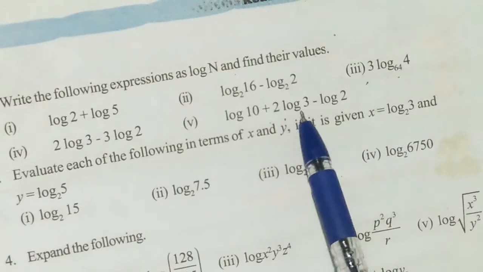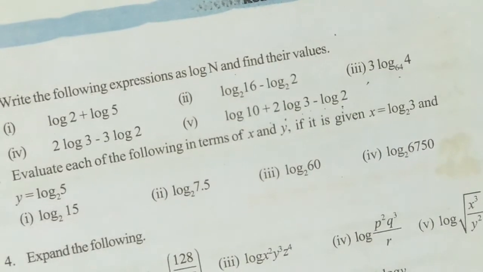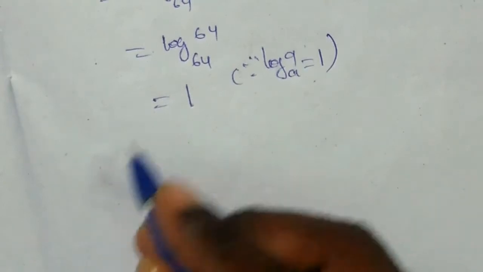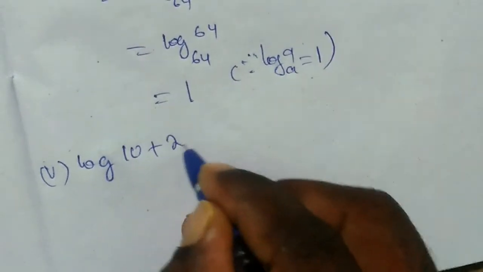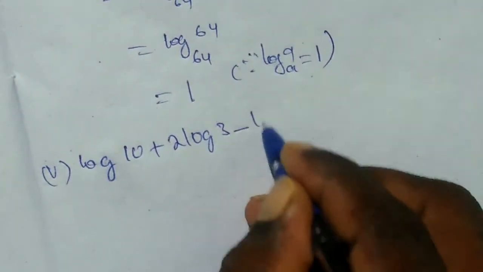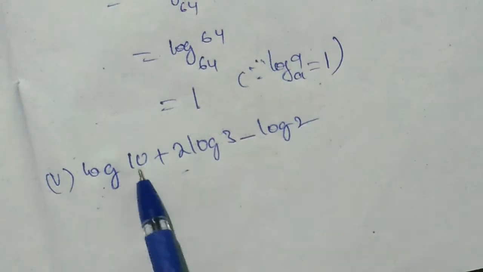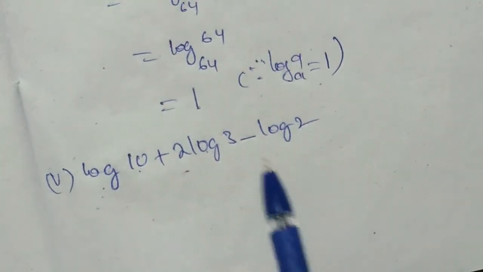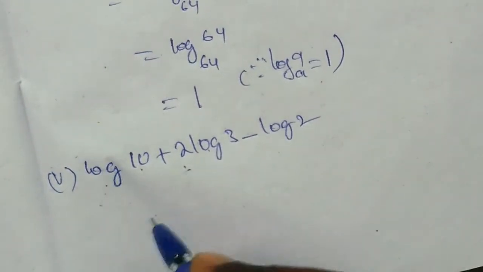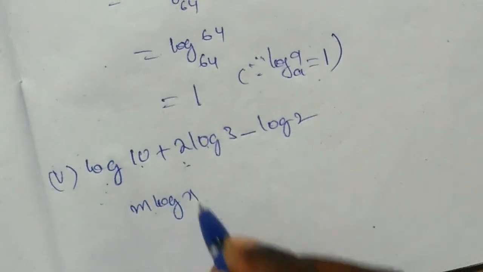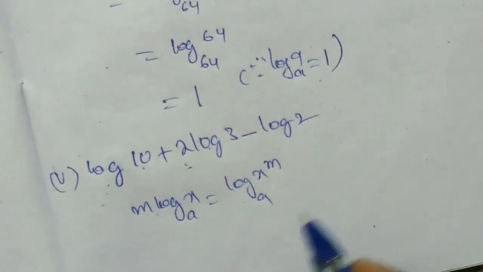Next: log 10 plus 2 log 3 minus log 2. First of all, take this 2 with log 3. Here we have m log x, which we have to change using the formula m log x base a is equal to log x to the power of m base a.